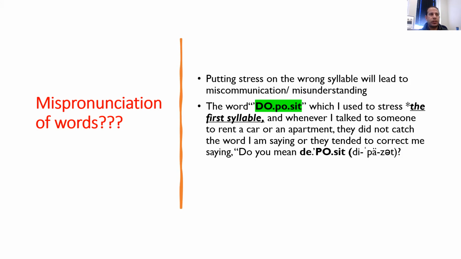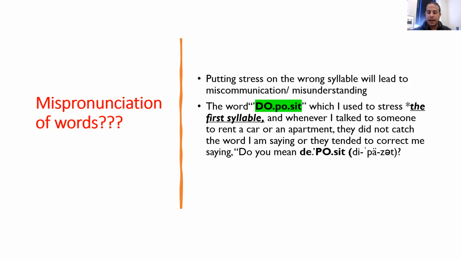And I used to ask about the deposit amount. And a lot of people were saying, what is deposit? And later on, they tended to correct me and they said deposit. What do you mean by deposit? Deposit is a security payment you usually are asked to pay for using something. So in this case, deposit, not deposit.